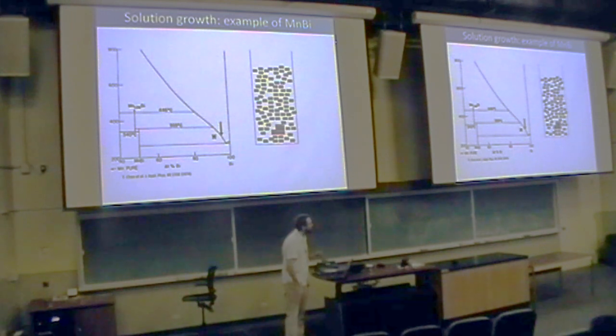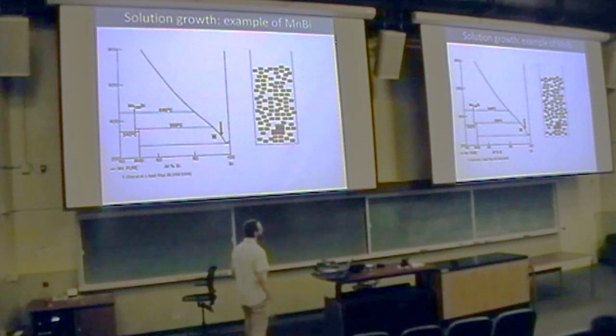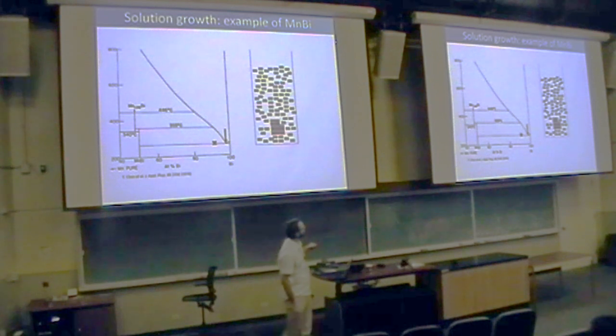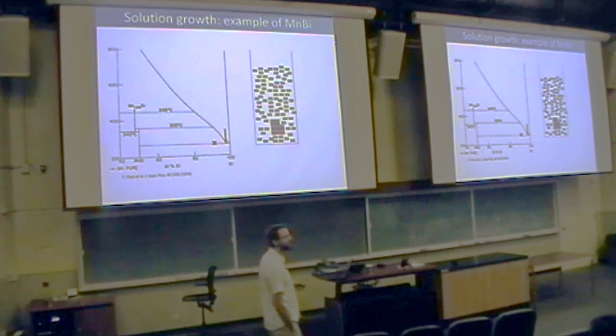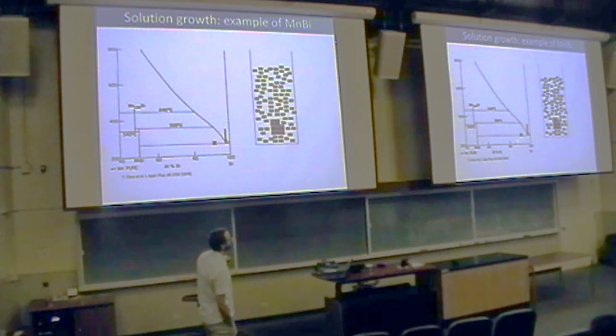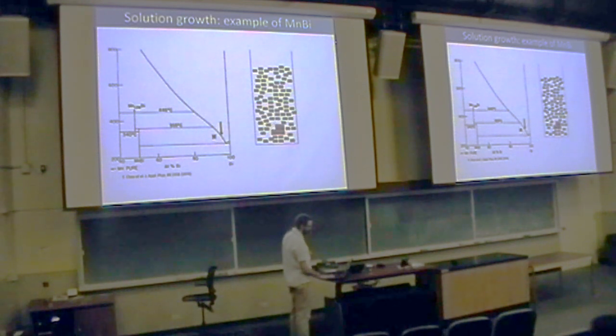And as you keep cooling down, you're going to have more and more of this crystal and less of this liquid. And in fact, you can see that the liquid is less and less containing manganese, so it's richer and richer in bismuth. And you can read this composition by the red arrow indicated here in this phase diagram.